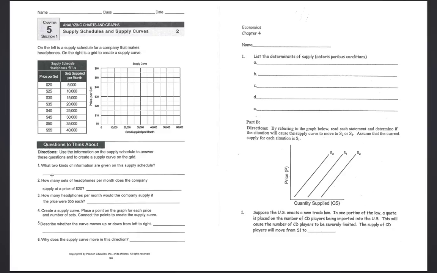Down here, what two kinds of information are given on the supply schedule? We're looking at price here, and then we're looking at quantity supplied. How many sets of headphones per month does the company supply at a price of $20? Once again, at $20, our quantity supplied is 5,000. And if our price goes to $55 each, then the quantity we would be willing to supply is 40.